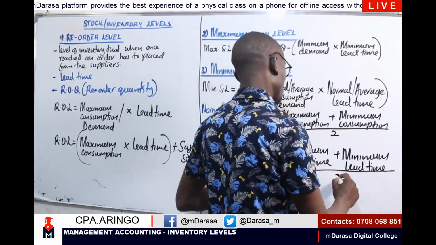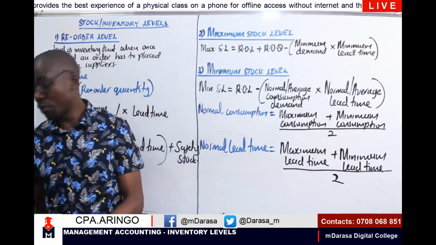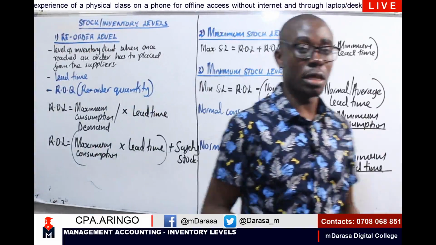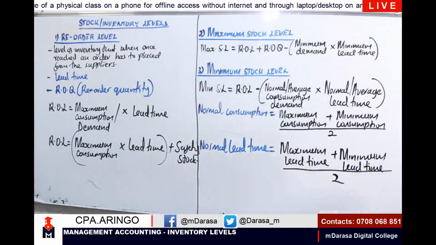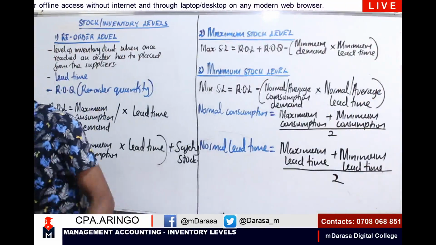That will give us our normal or average lead time. As simple as that, by the way. So that was our level of inventory number 3, which we have termed the minimum stock level.